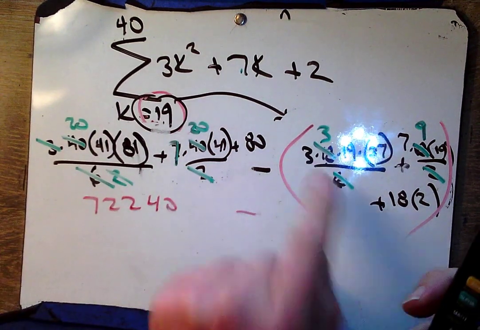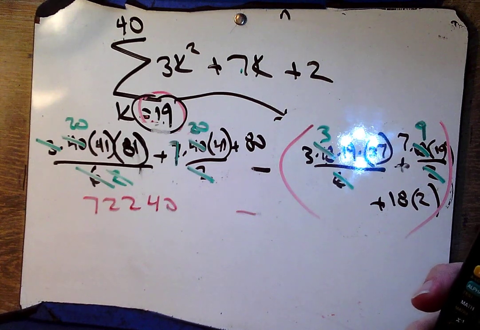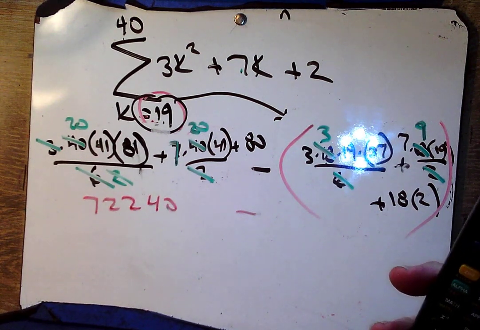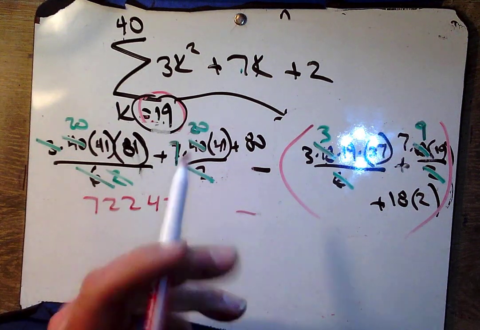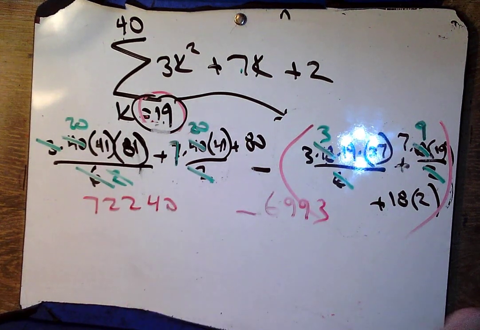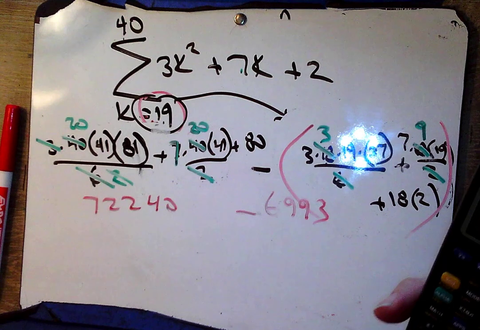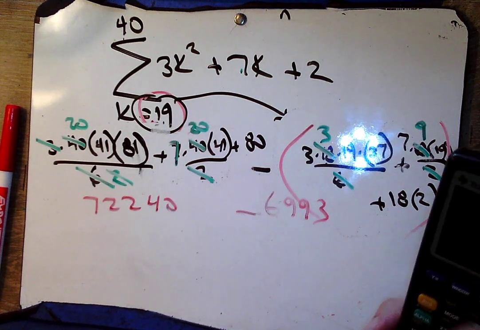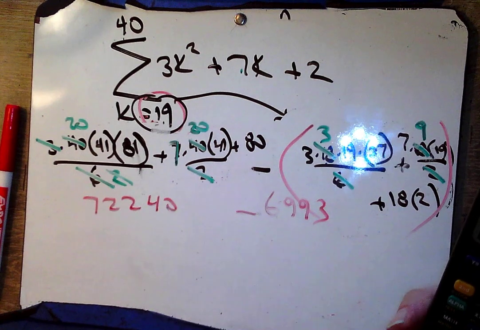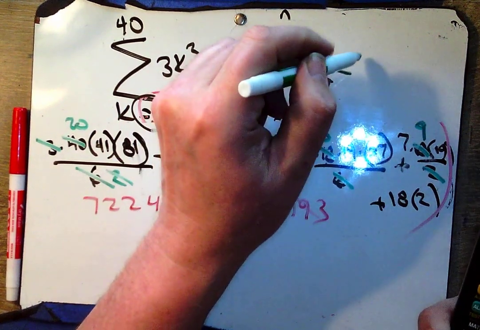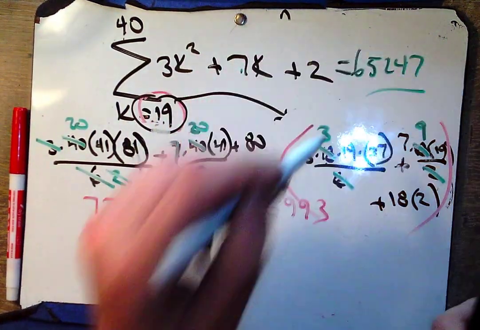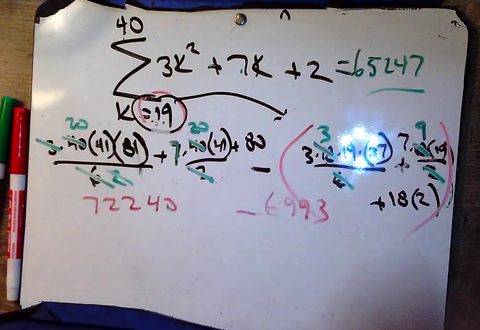And now over here, 9 times 19 times 37 plus 6 times 9 times 10, 630, plus 36. Okay, and this is 6,993. So 72,240 minus 6,993. I get the sum here should be 65,247. All right. There you go.